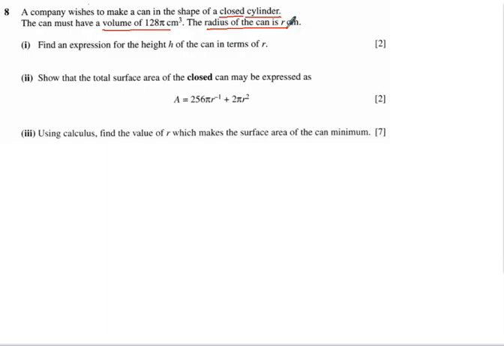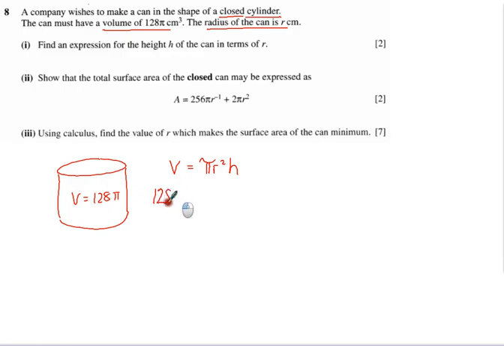Well, one thing we know about this can is the volume is 128 pi. But I also know that the volume of a cylinder is pi r squared times h, the height. So if we fill in what we know, 128 pi is equal to pi times r squared times h.